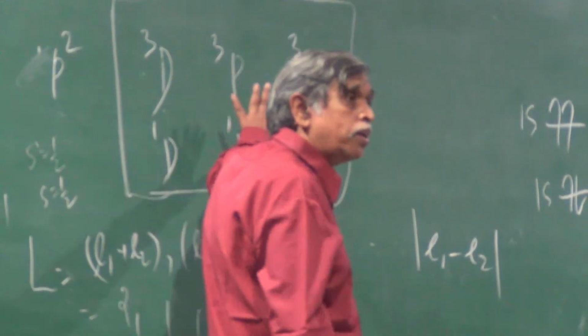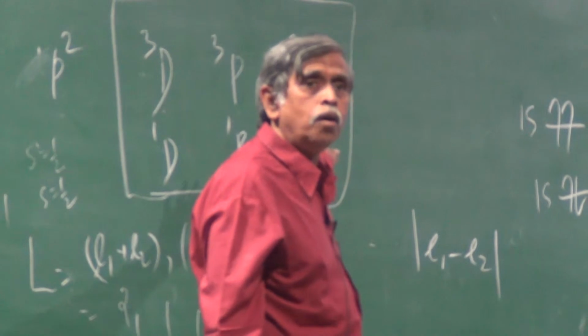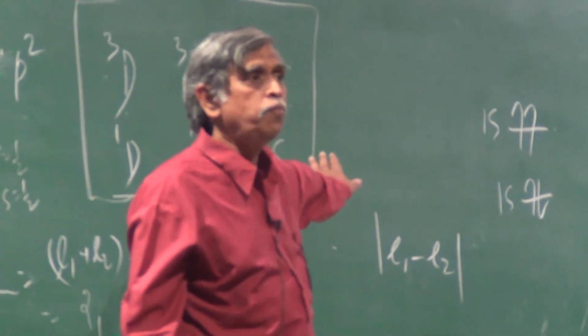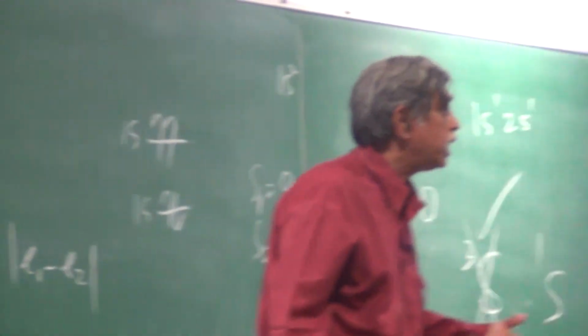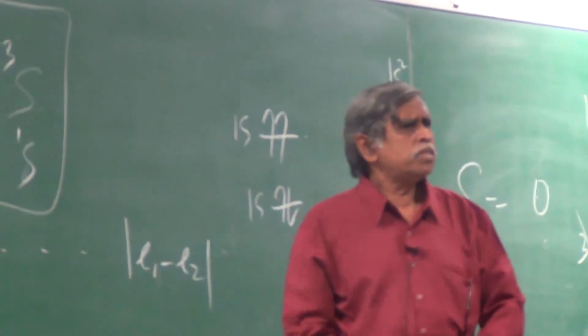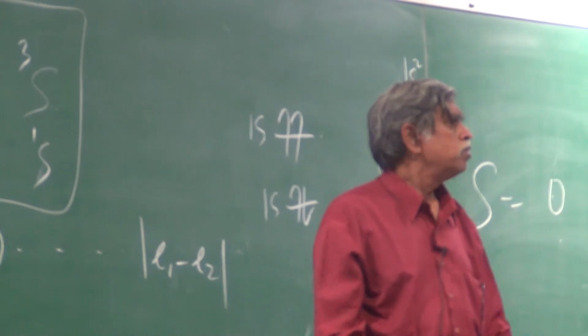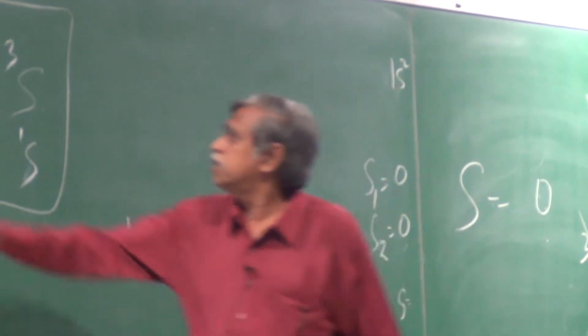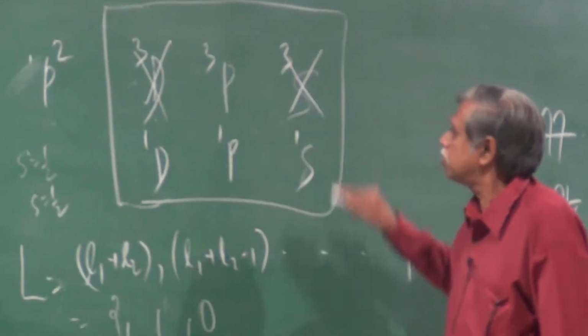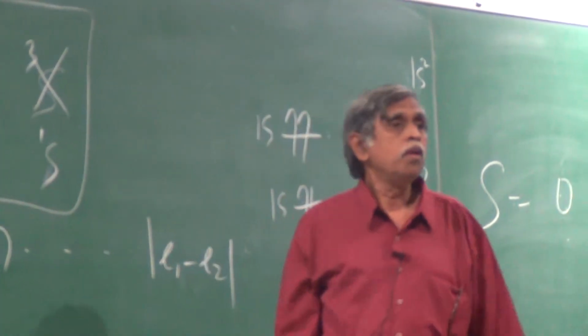If there are two equivalent electrons, it's not going to be all possible 6 states. Only some of them will be allowed, some of them will be knocked out on grounds of Pauli invalidation. What I will do now is simply tell you which ones are going to be knocked off. We will come back after the holidays and see how they are knocked off. This gets knocked off, this gets knocked off, this gets knocked off.